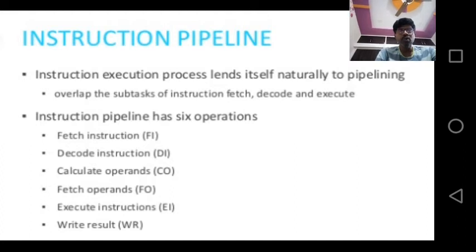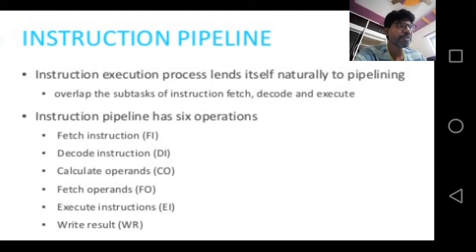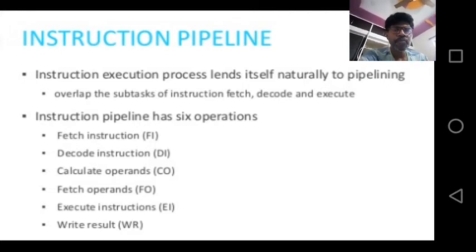So the instruction execution can be overlapped. It should be overlapped. Then only we can implement this process. Otherwise, it's not possible. So overlap the subtasks of the instructions: fetch, decode, and execute.